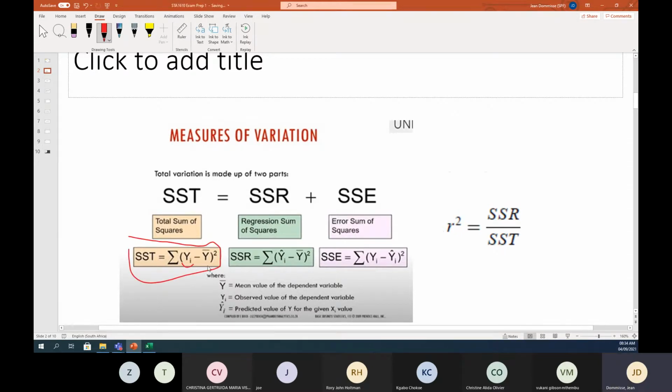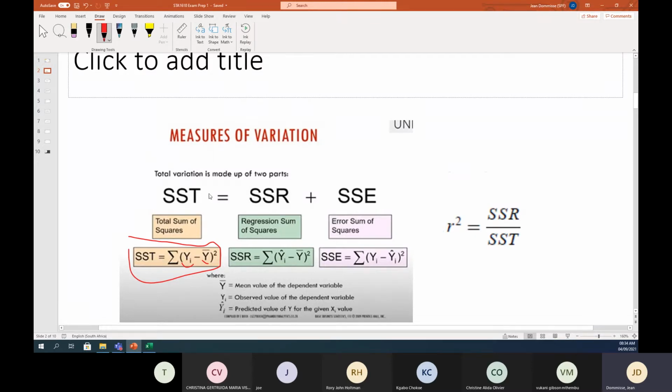You have that, you can work out your mean. So SST is a very easy calculation to make. For SSR and SSE, if you're happy with how you calculate SSR, then you can just say your SSE will be the one minus the other one, because this is an equation.